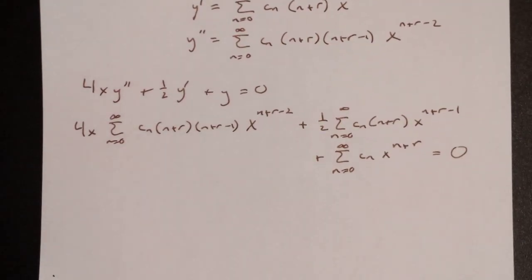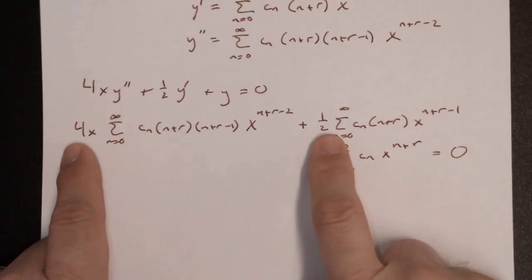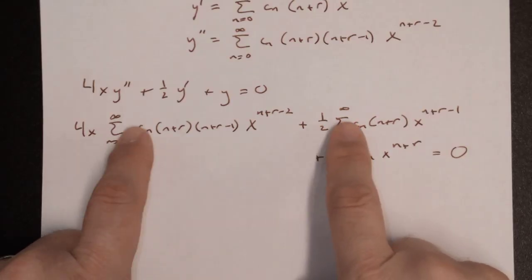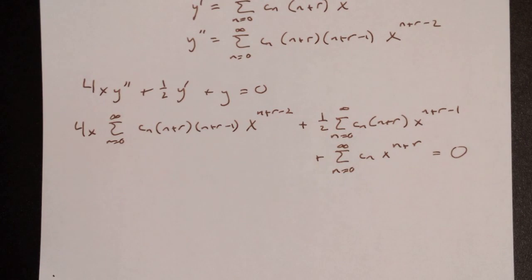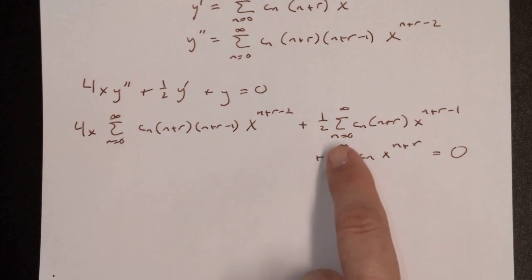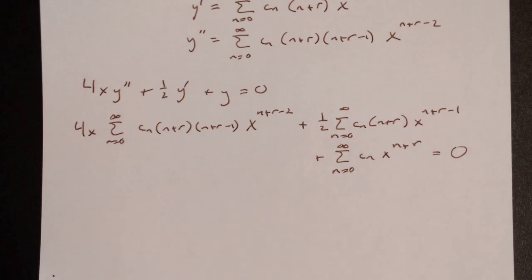I'm going to move the 4x in. I'm going to move the 1/2 in. These numbers right here are being multiplied in, so let's put them on the inside instead of the outside. That really doesn't do much to the second sum here with the 1/2. It just puts the 1/2 in front of the c_n. But over there on the left, in the y double prime expression, what changes, in addition to moving the 4 in?